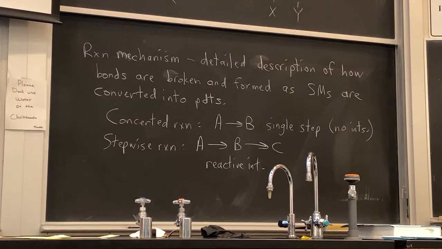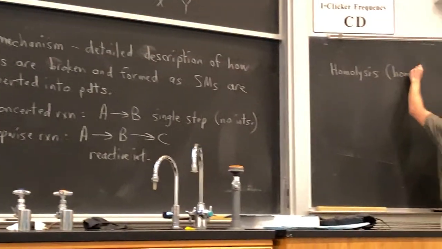All right, so let's talk a little bit about how bonds are broken. There are two ways we can break bonds. One is referred to as homolysis or homolytic cleavage.